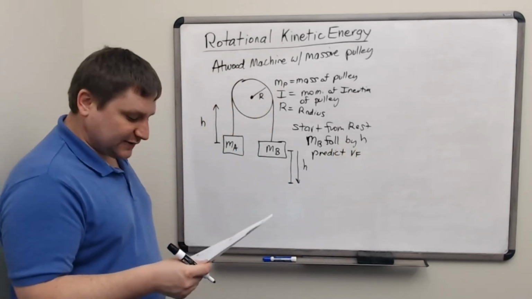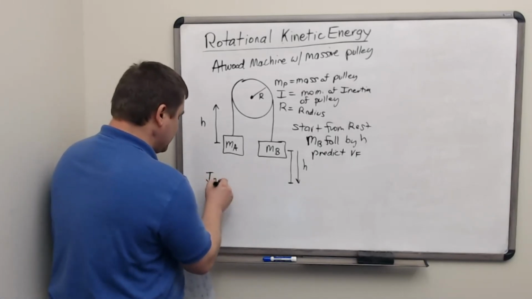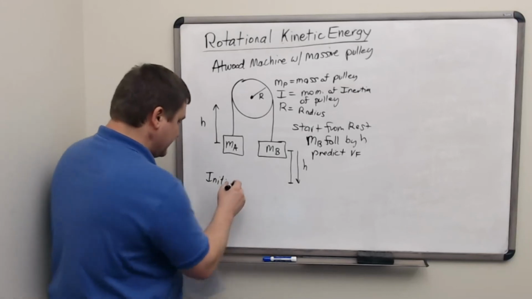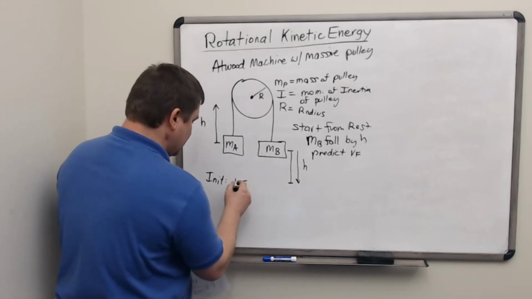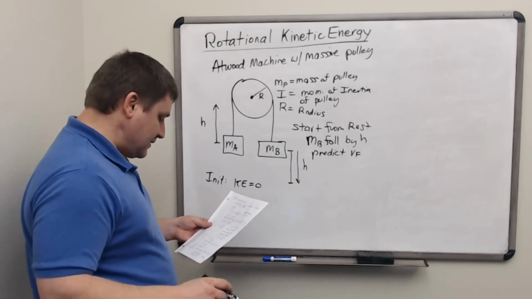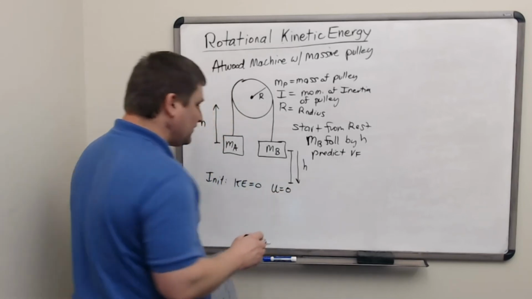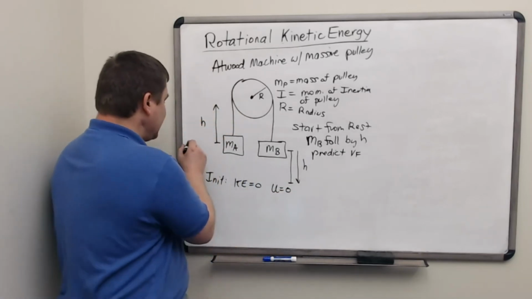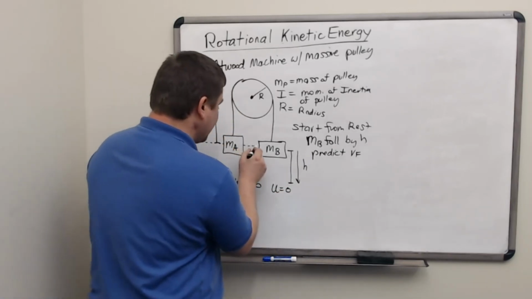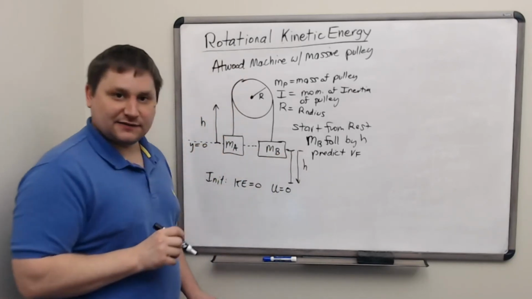Again, we're going to approach this with conservation of energy. In the initial situation, there is no kinetic energy, and the potential energy can also be taken as 0 by setting up the origin of our vertical axis to coincide with the initial position of the masses.